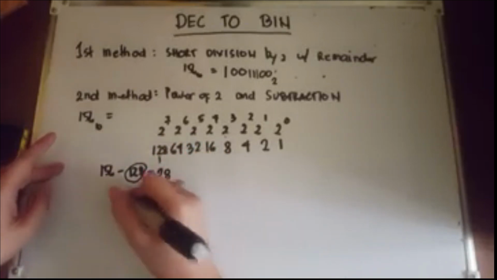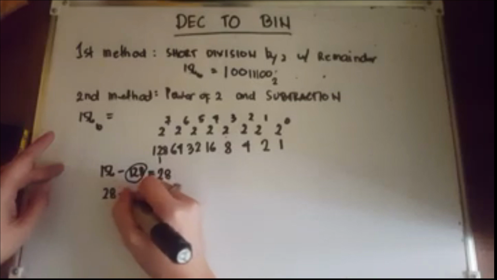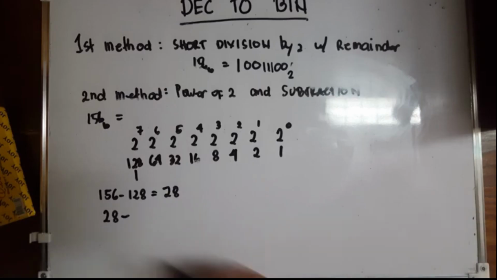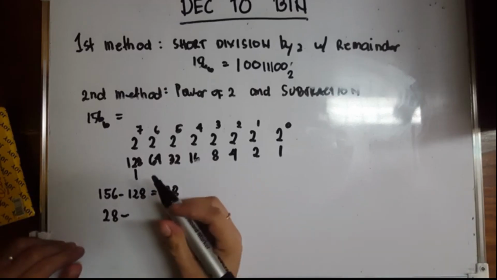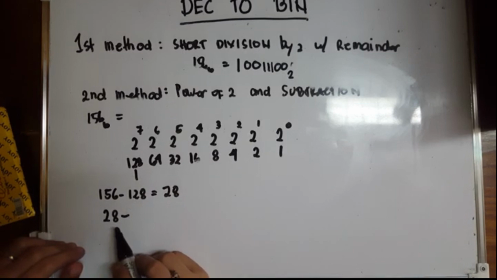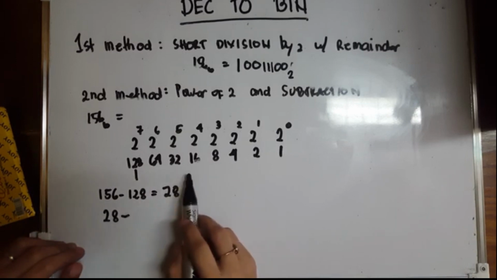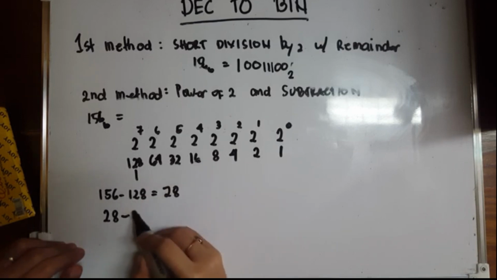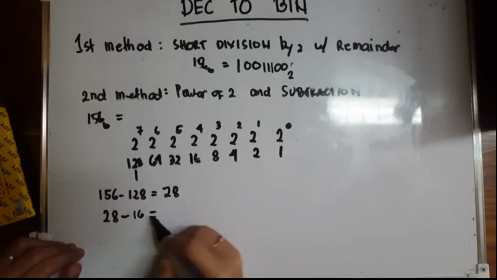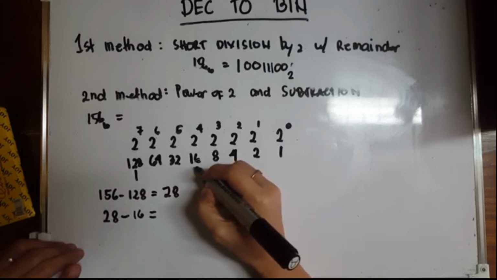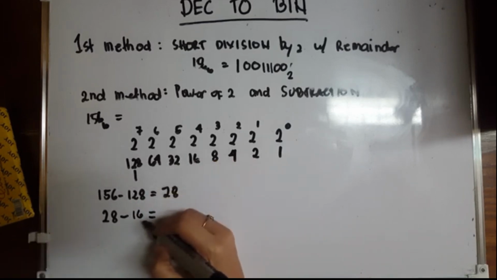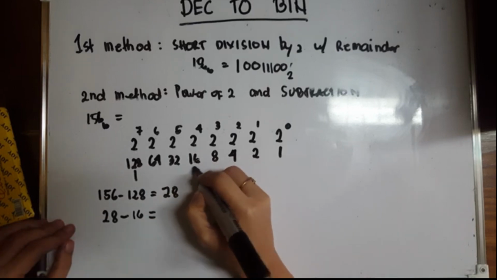Now 28, we're gonna put here 28. What is the next highest number under 28? Since the highest base of 2 value under 28 is 16, we're gonna put here 1.